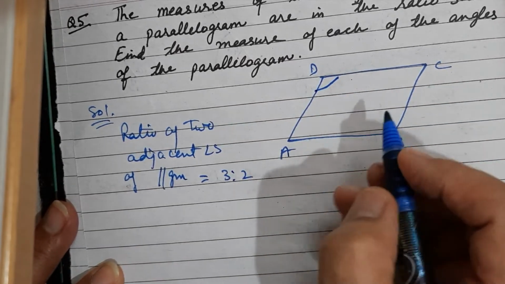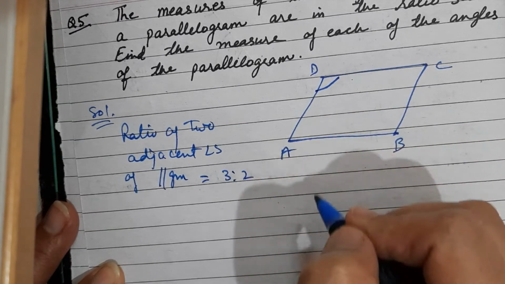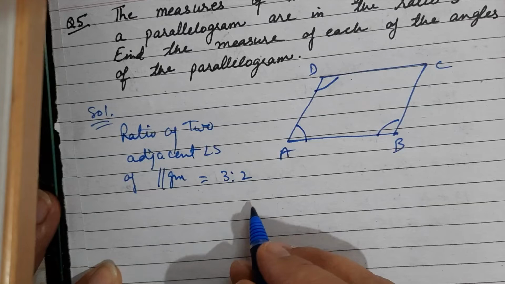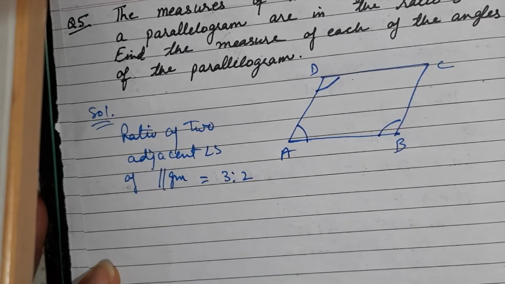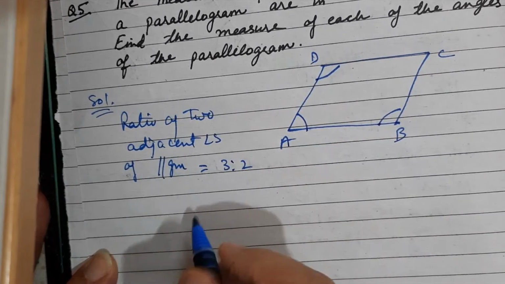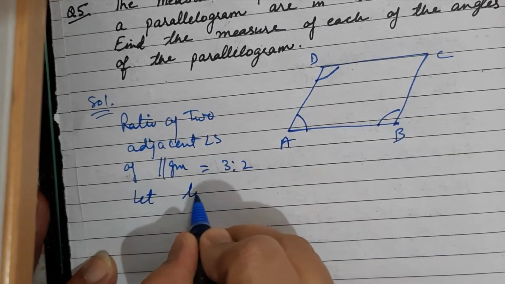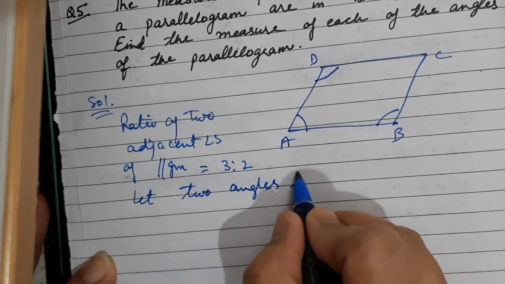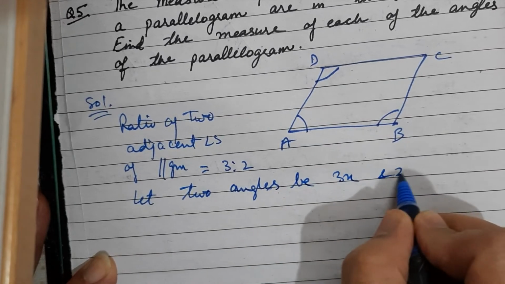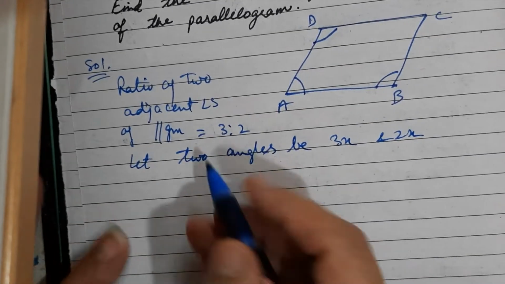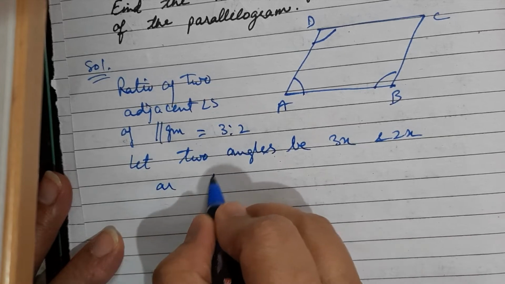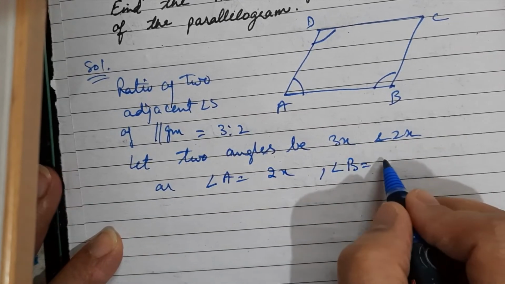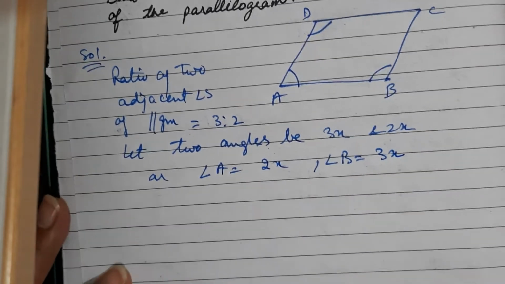Let us suppose A and B, or A and D, any two adjacent angles you can suppose. Let two angles be 3x and 2x, or angle A is equal to 2x, angle B is equal to 3x.